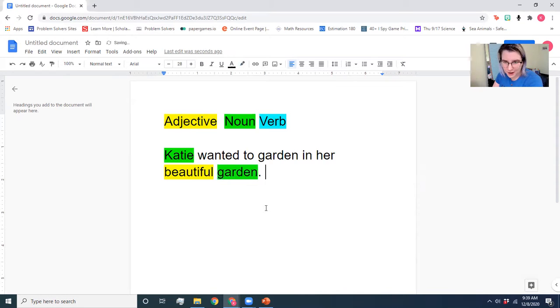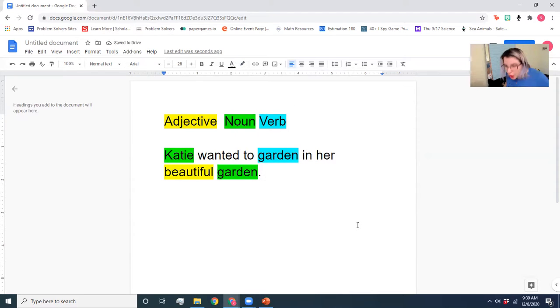But wait, that's not the only time that the word garden appears in this sentence. What about this? It's the same word, right? So it must be a noun. Are you taking a closer look at it? In this case, the word garden acts as both a noun and a verb.